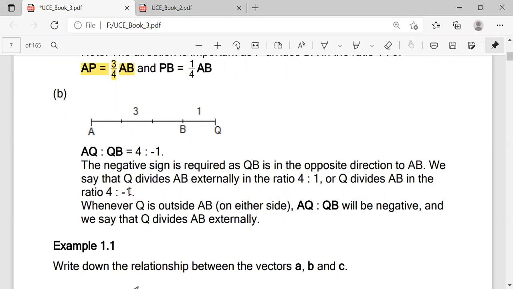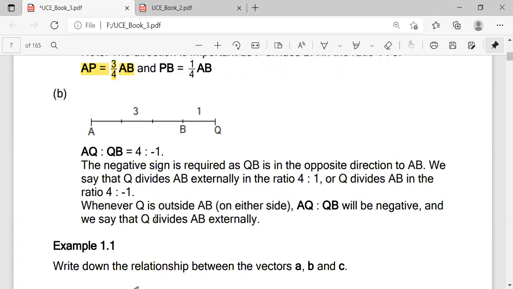All right. Now they say that whenever Q, any point, is outside a given line AB, on the other side, it means that AQ to QB is always negative. It is negative because Q is outside.